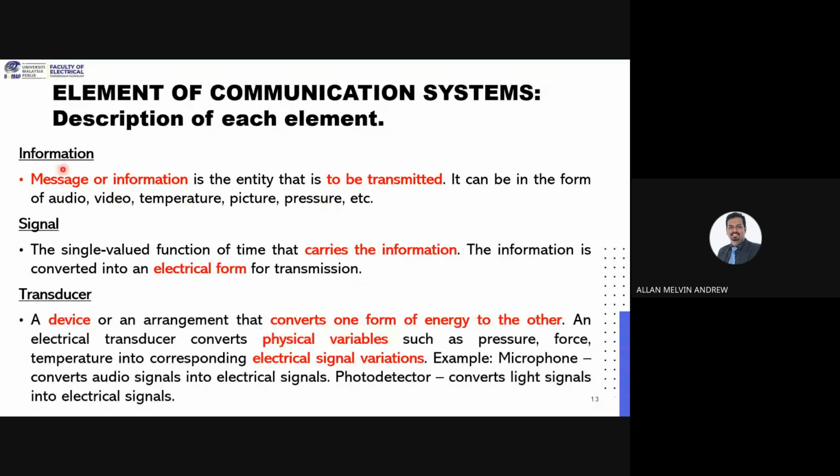Once you have the information or the message, you are converting it into a signal, which with time will be carrying the information. Signal is like packaging of your information.